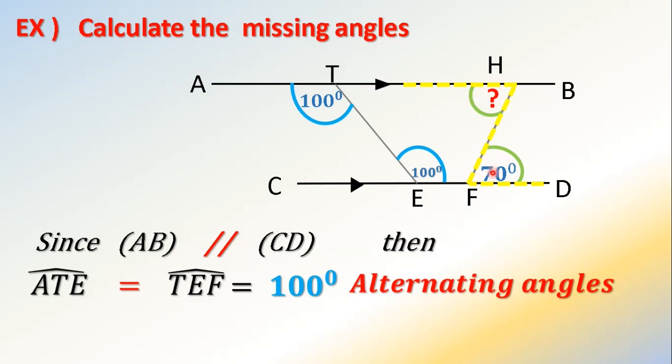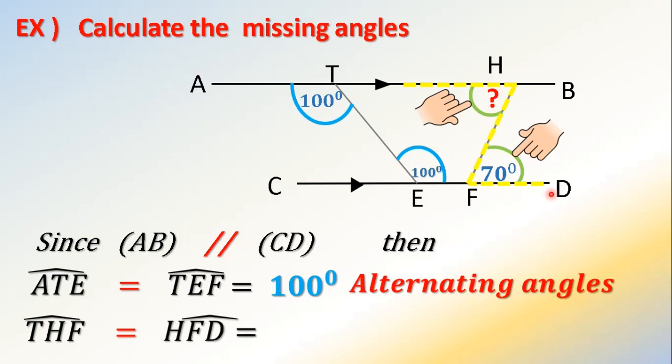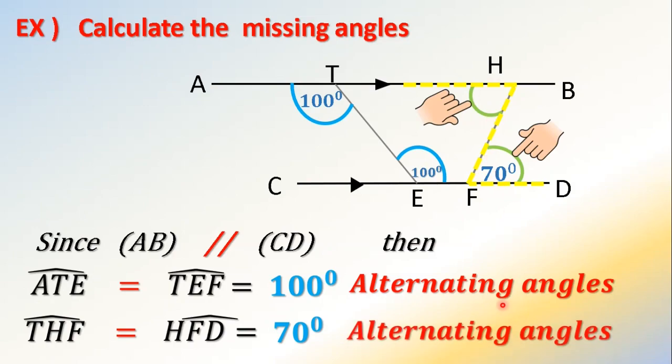Good. And how do you write that? Angle THF is equal to angle HFD equals 70 degrees, and the reason is alternating angles. So angle THF is equal to 70 degrees. Very good.